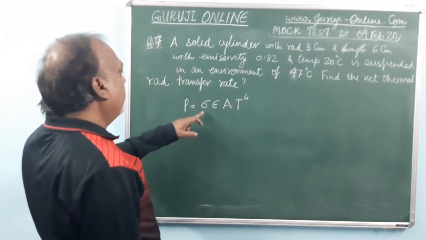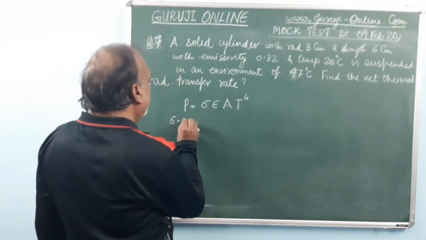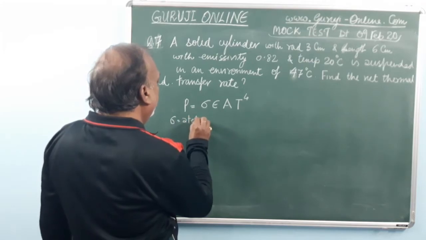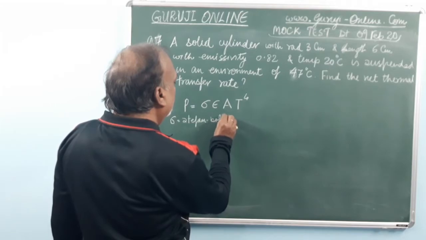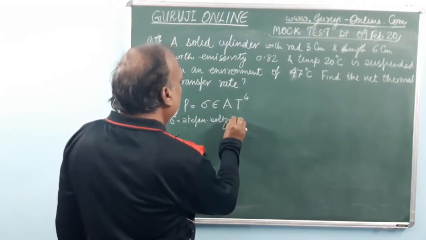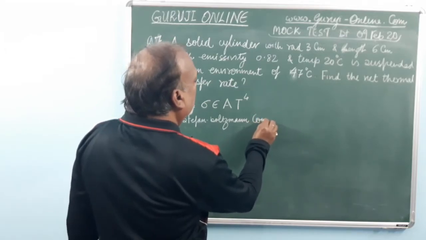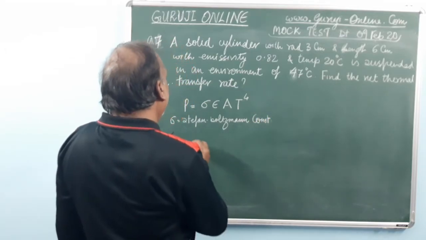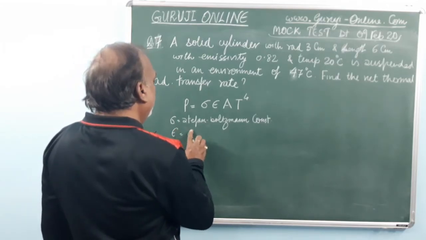Here, sigma is nothing but the Stefan Boltzmann constant, epsilon is emissivity.